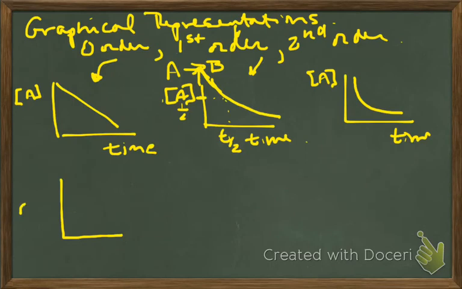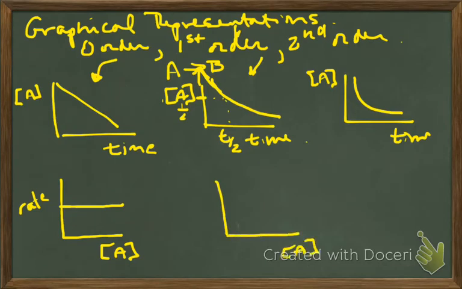So also looking at another set of graphs, rate versus concentration. Okay, zero order doesn't depend on the concentration, so the rate just remains flat when graphed against the concentration of A. Okay. For a first order, your rate is going to be a linear relationship, rate versus concentration.